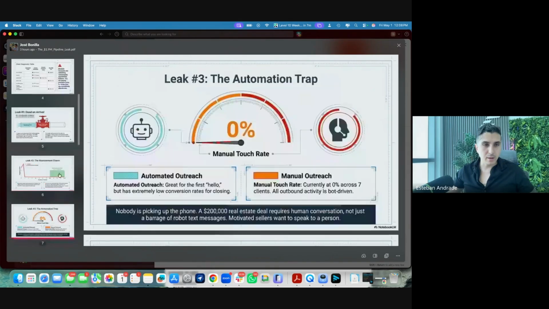All right. Leak number 3 is the automation trap. Most people with AI and everything rely on automation, but when a seller actually reaches out or wants to have a conversation, and the automation is not configured or doesn't know what to say or says the wrong things, you have to get your human side in and actually get on a call with this individual, right?